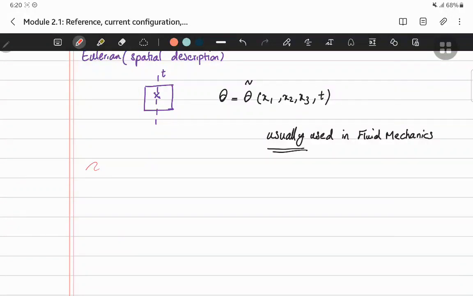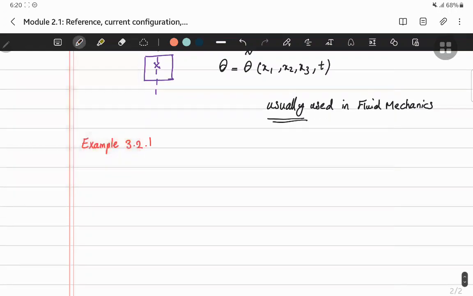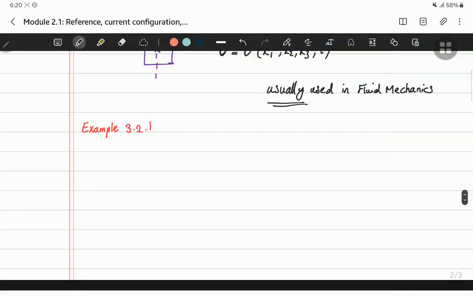So we have a very nice example. Example 3.21. So it says that if you have a motion x1 is equal to capital X1 plus kt X2, x2 is 1 plus kt X2, and x3 is equal to capital X3.